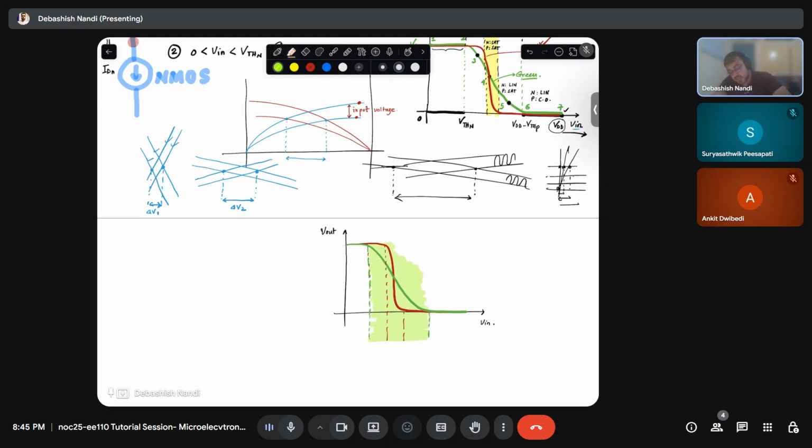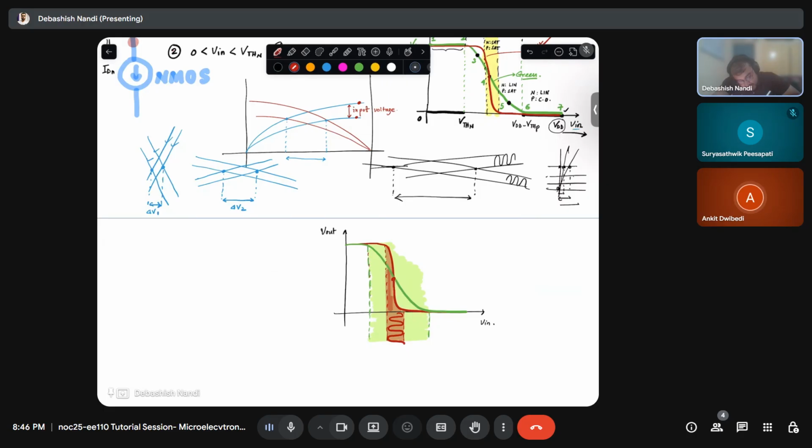So what is the issue there? Any small change in the input can cause a large change. That means noise margin is basically hampered. No, not noise margin. Let us speak from the amplifier point of view. So basically you need to have the small signal that you want to amplify within this range, right?